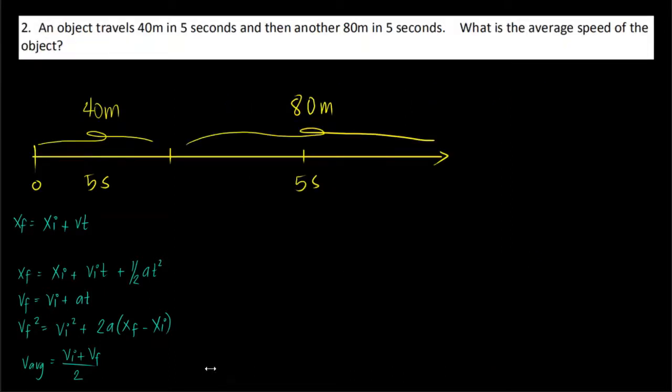Number 2, so an object travels 40 meters in 5 seconds, then 80 meters in 5 seconds. Now, because man kita nga daan sa definition sang velocity mo. So, if you strictly apply the definition of velocity, velocity is d over dt, or the change in displacement over the change in time.